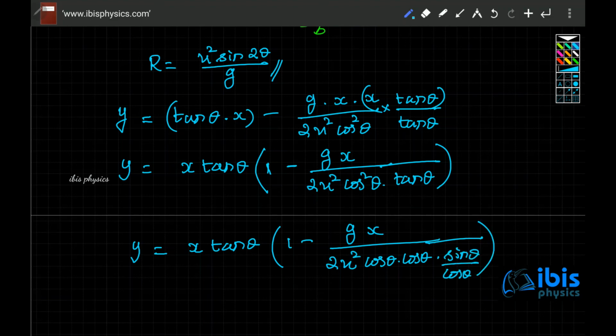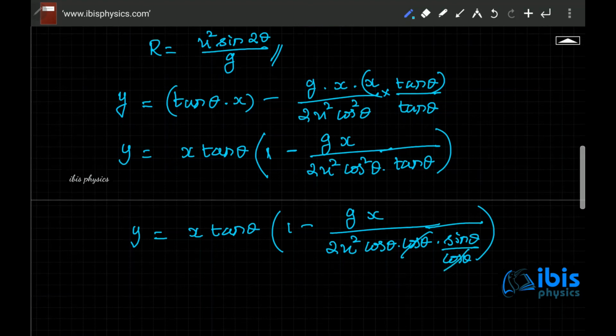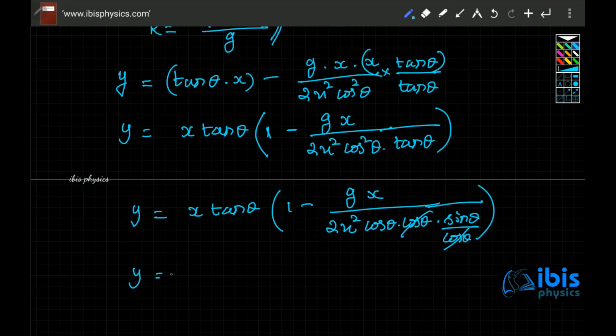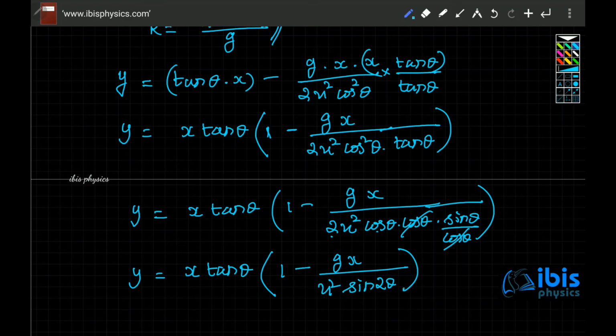Then this cos theta can be cancelled, so y equal to x tan theta into 1 minus gx by u square 2 cos theta sin theta. We already know that 2 cos theta sin theta, or 2 sin theta cos theta, is sin 2 theta. So we will be writing this as u square sin 2 theta by g.